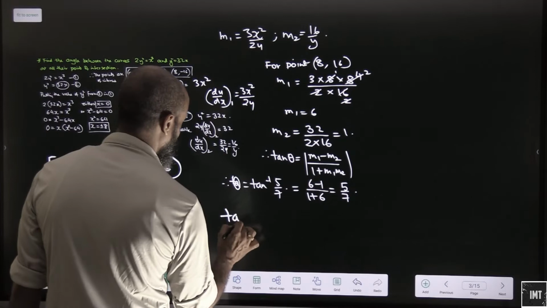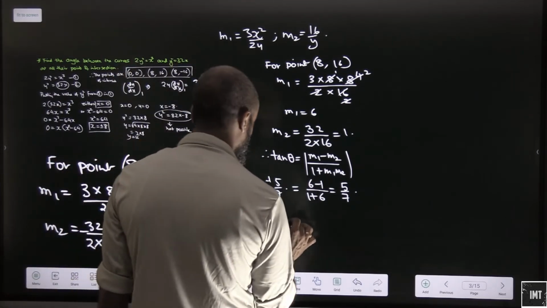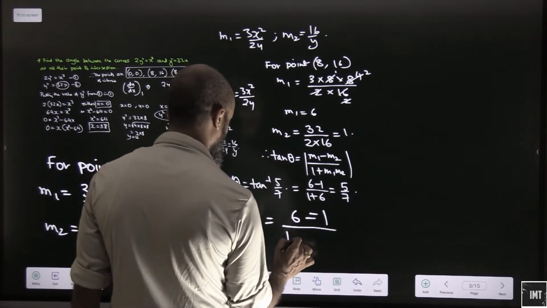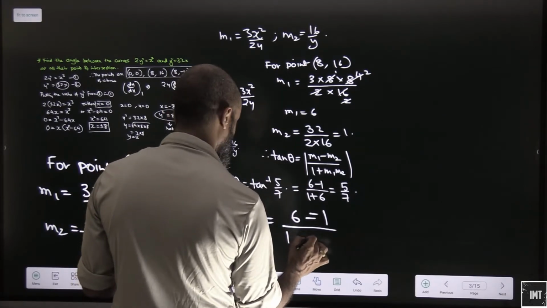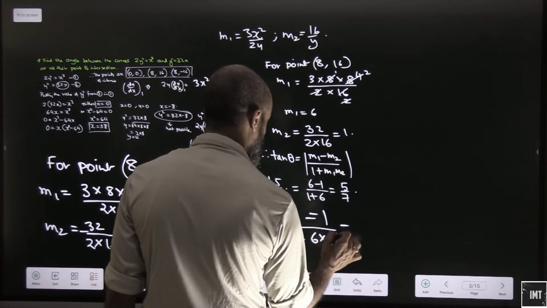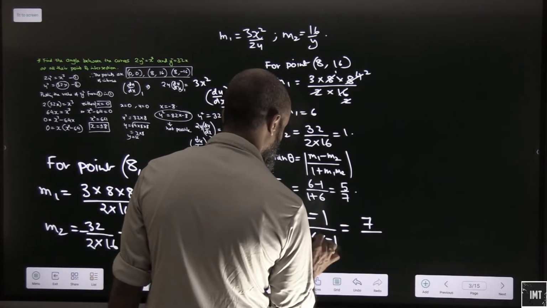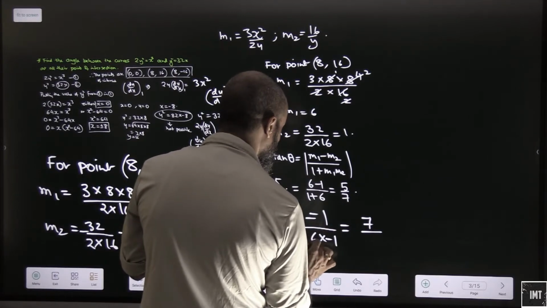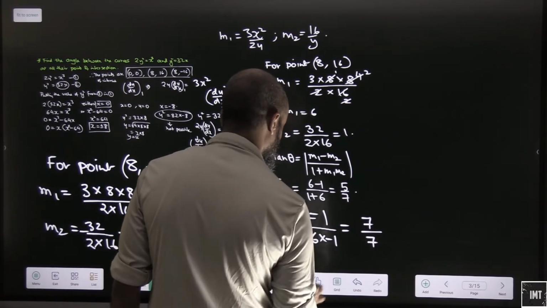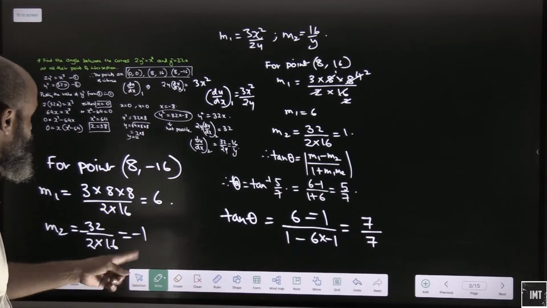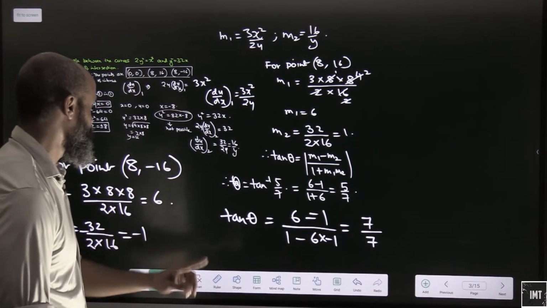So tan of theta will be equal to (6 minus 1) upon (1 plus 6 into minus 1), and here it will be 1 minus m1 into m2.